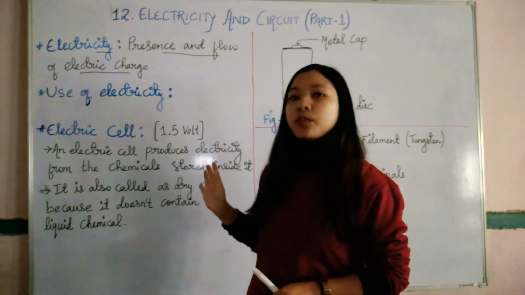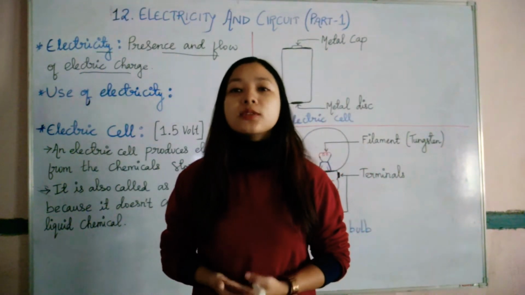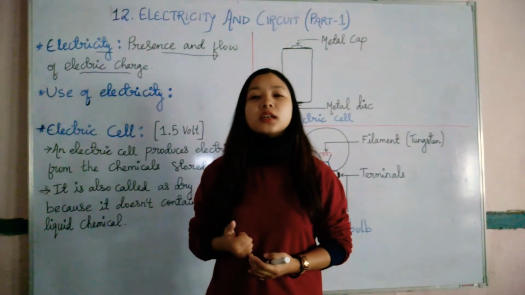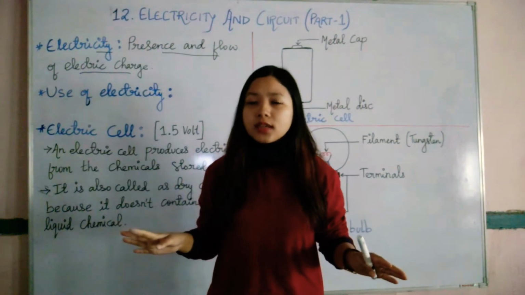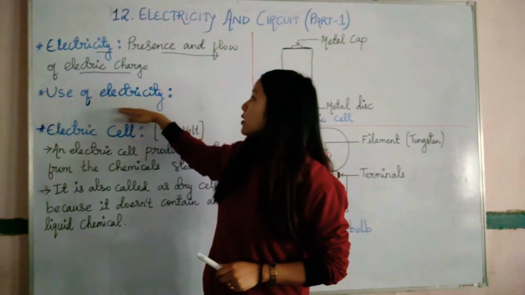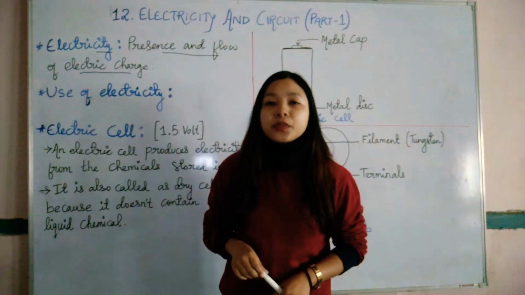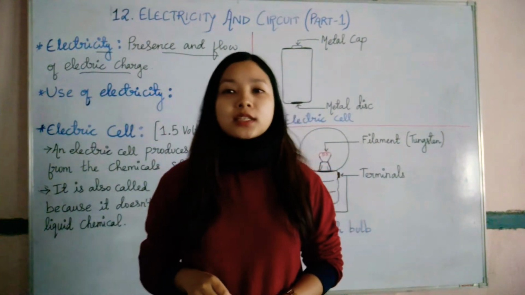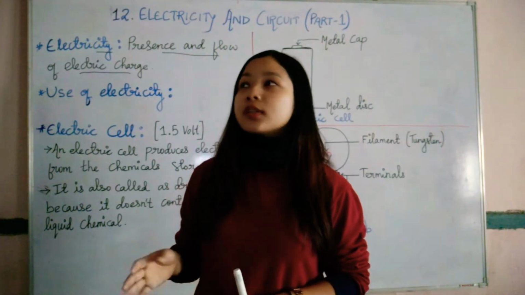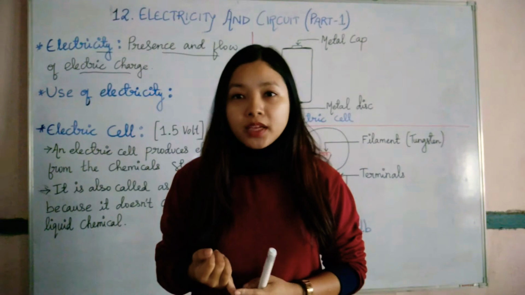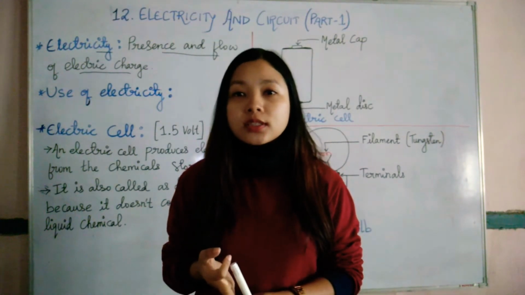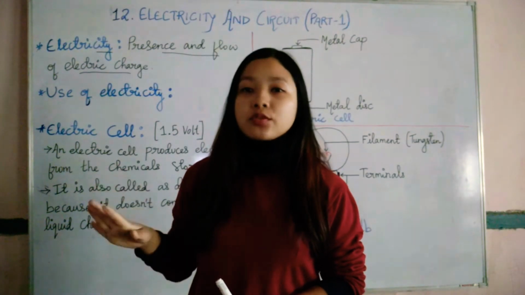Electricity is one of the most important or significant inventions for us, as it helps us in almost every field of our world. Now, what are some of the uses of electricity? There are various uses, like kitchen appliances such as mixer, grinder, then inductions, all these run by electricity.